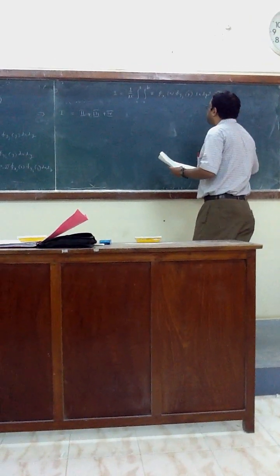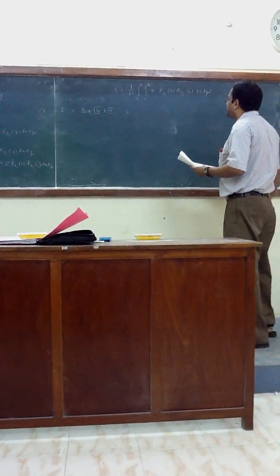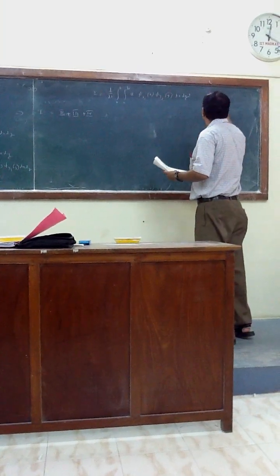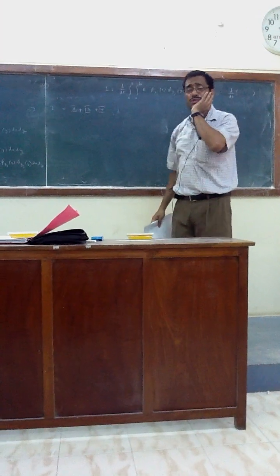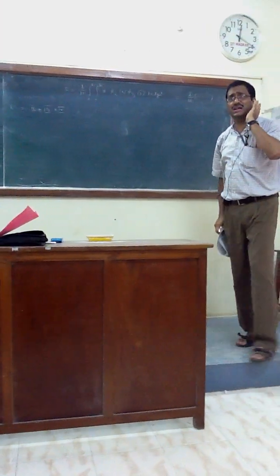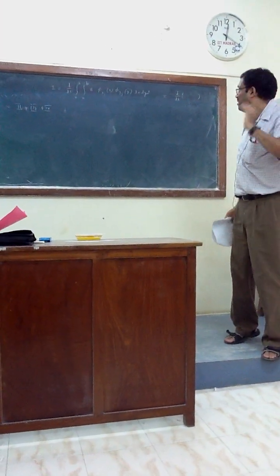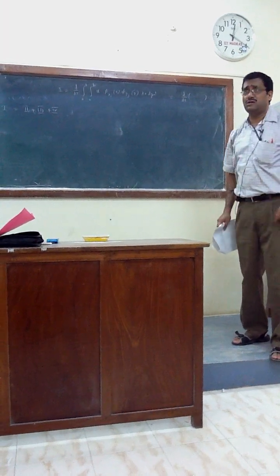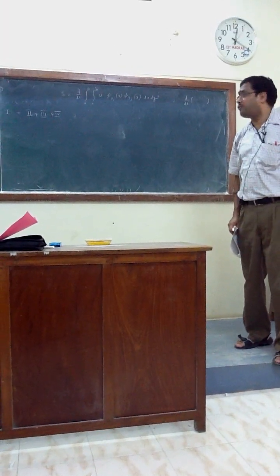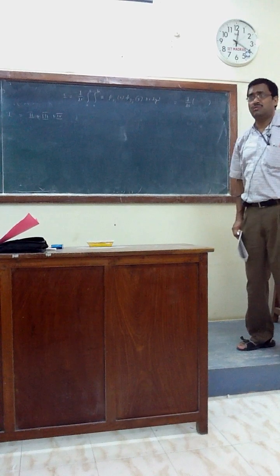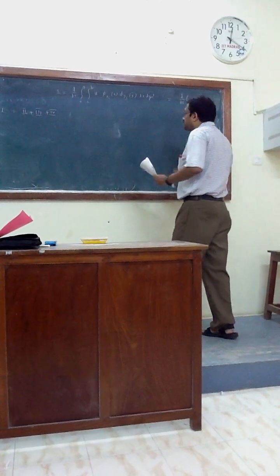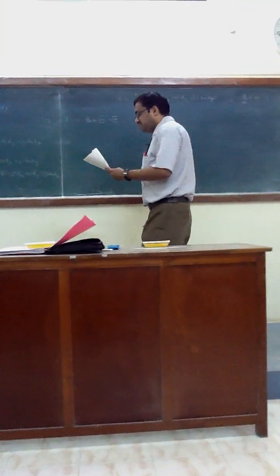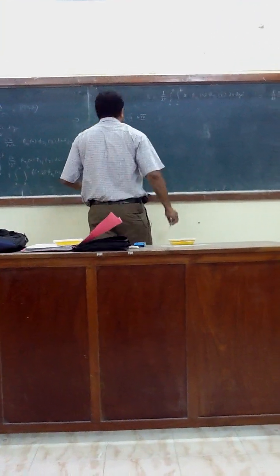And what is it? What symbol should I write for this d by dt of? This symbol I defined already. Student: Cij. d by dt of Cij.